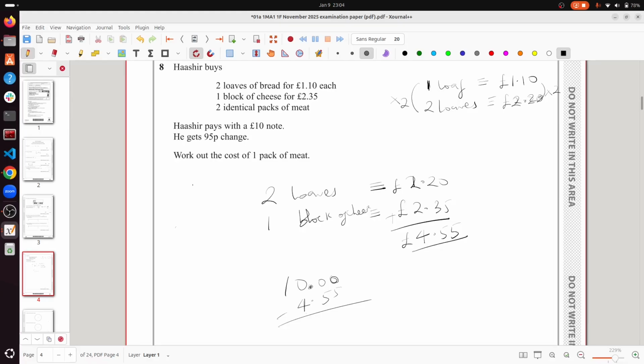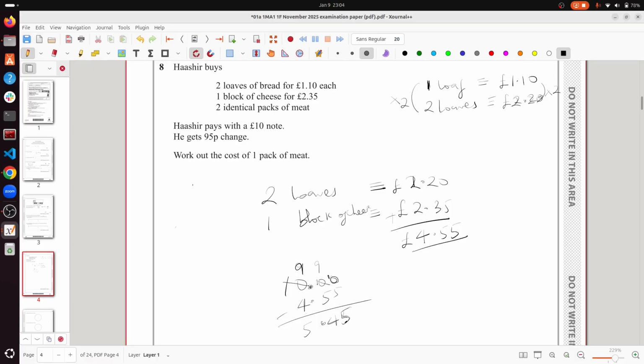So what do I need to do? I need to borrow 1 from this, and I'm left with 9 here. Put the 1 there, and I take 1 from there, put 1 here, so that's 10. 10 minus 5 is 5. Remember, these are not calculator papers, so your arithmetic has to be on point as well.